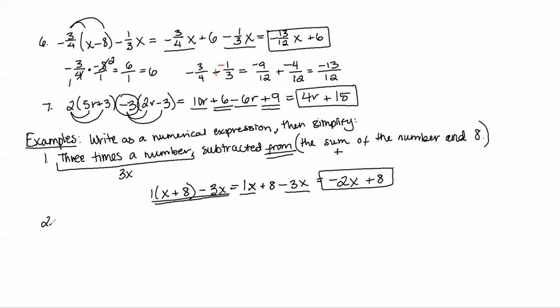Our final example here, we're given twice a number added to the sum of 6 and the number.